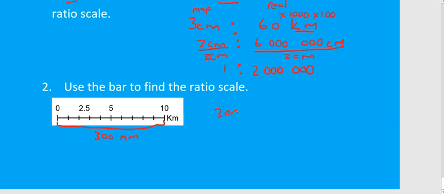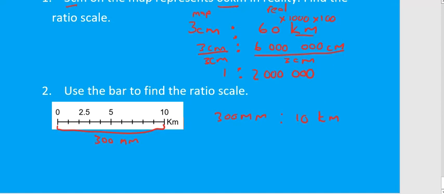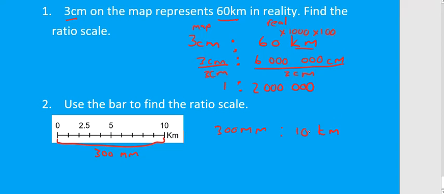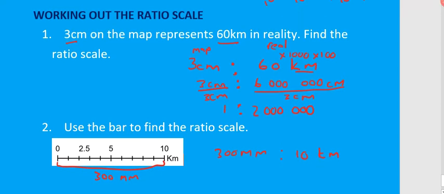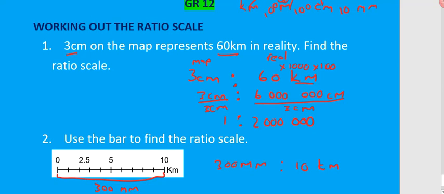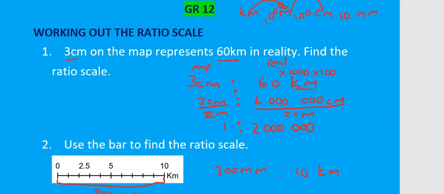So 300 millimeters is to 10 kilometers. And remember, we always want to convert the bigger distance, so the distance on the right. So we want to convert the 10 kilometers to millimeters.